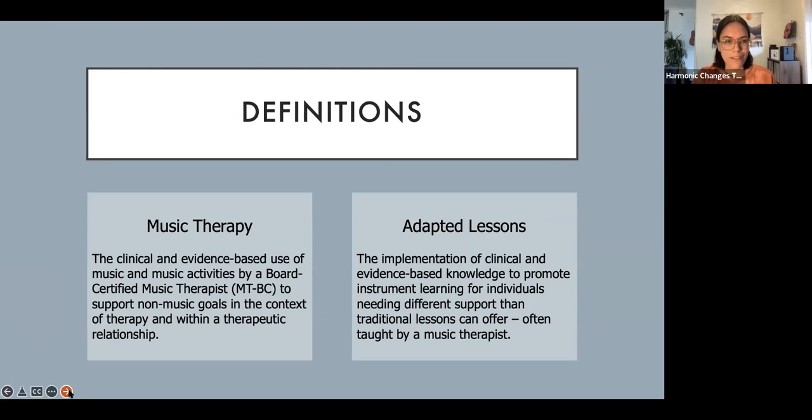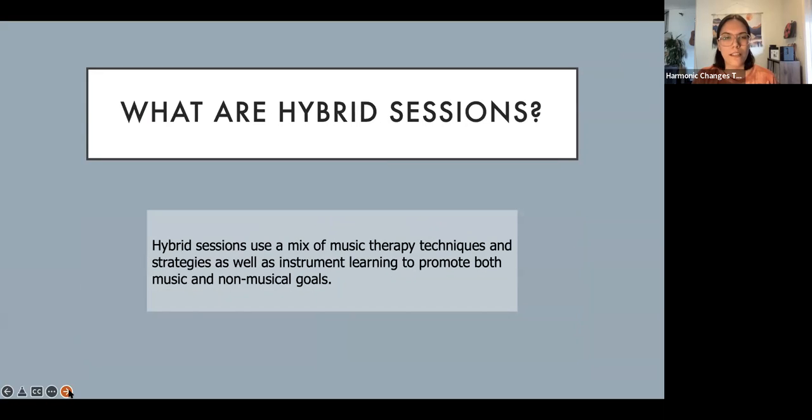So those are some general definitions. And then there's also a mix of both. So hybrid session, which would be a mix of music therapy techniques and strategies, as well as instrument learning to promote both music and non-music goals.